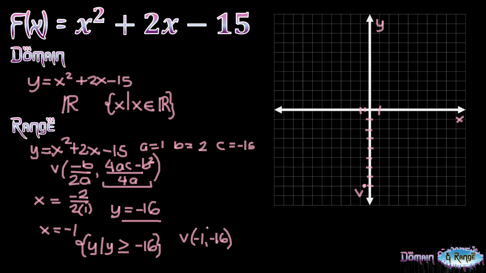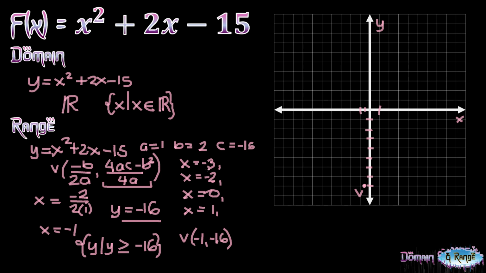Since it's negative 1, let's have x as negative 3 and negative 2, and on the right side of negative 1, x is 0 and x is 1. Substitute all these 4 values of x in our function to get the corresponding y.